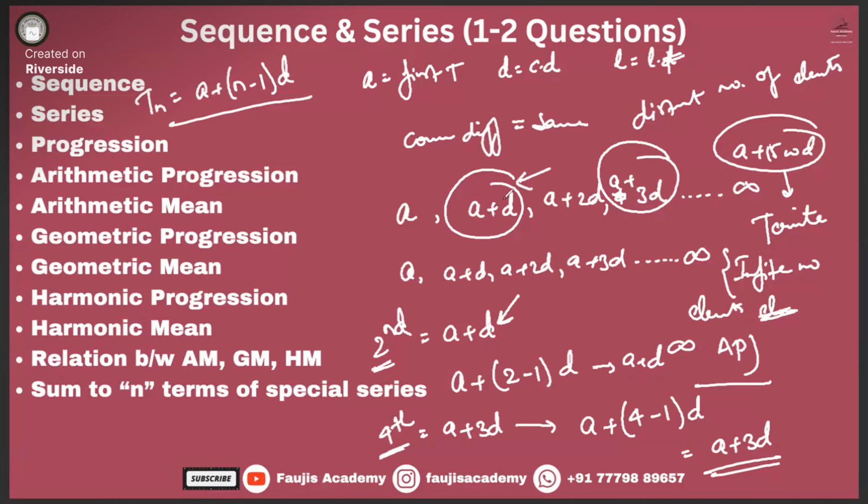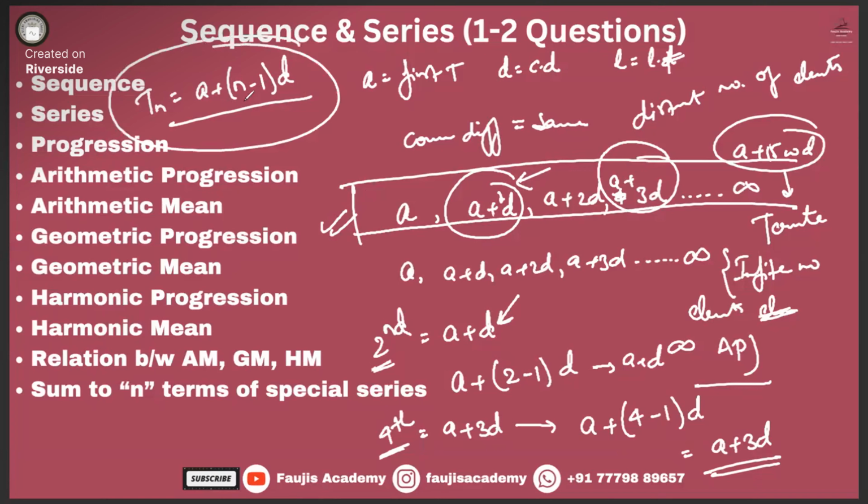Second term over here is A plus D. This is the standard form of representing your arithmetic progression. So A plus n minus 1 into D is your nth term of the arithmetic progression.